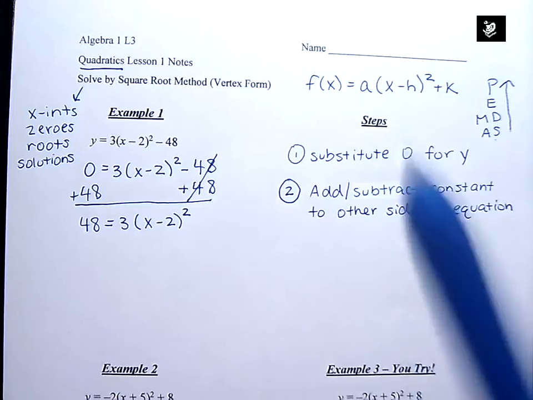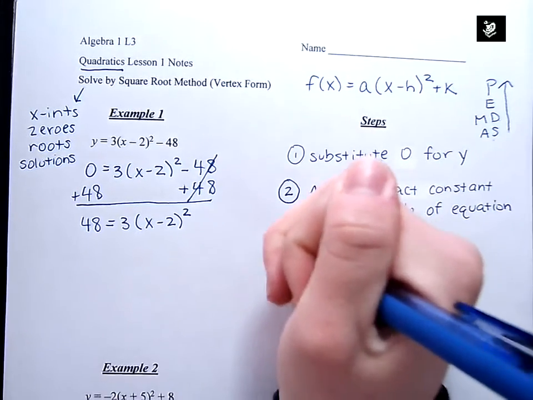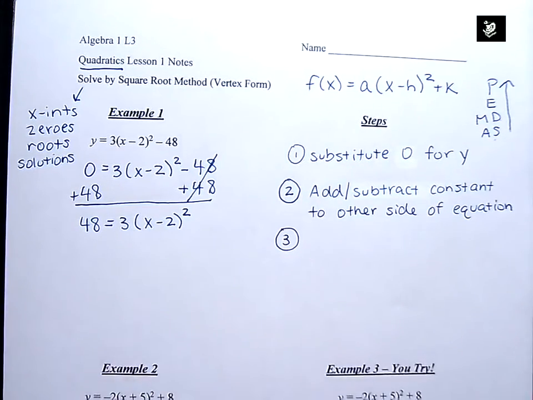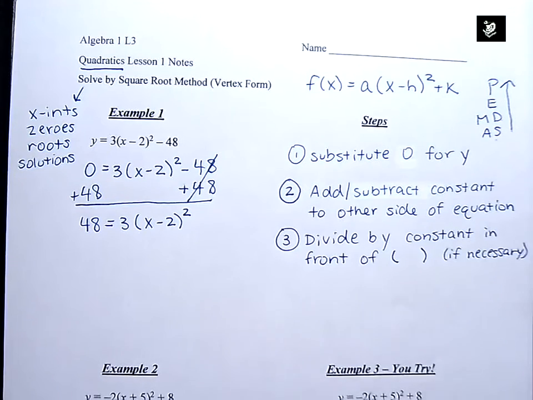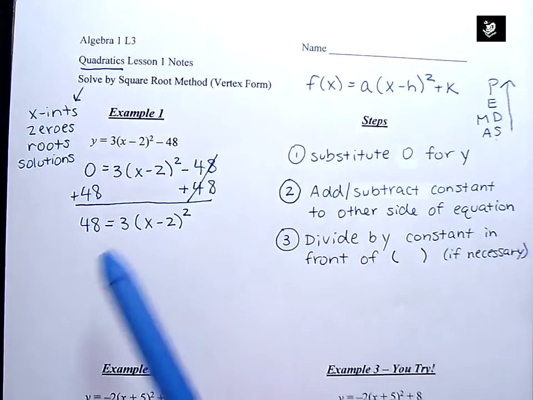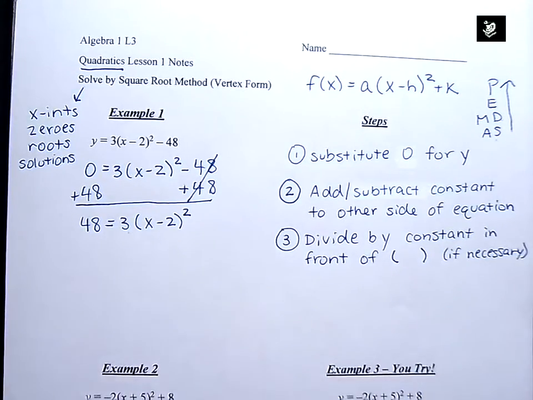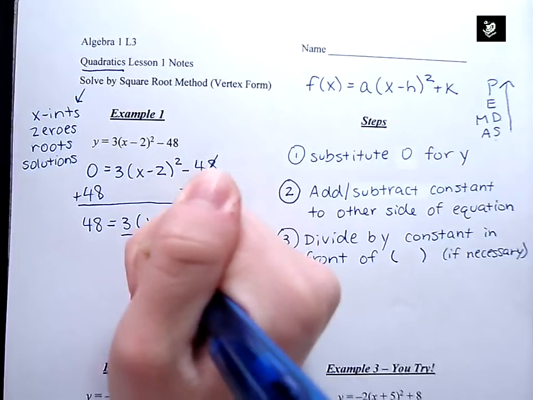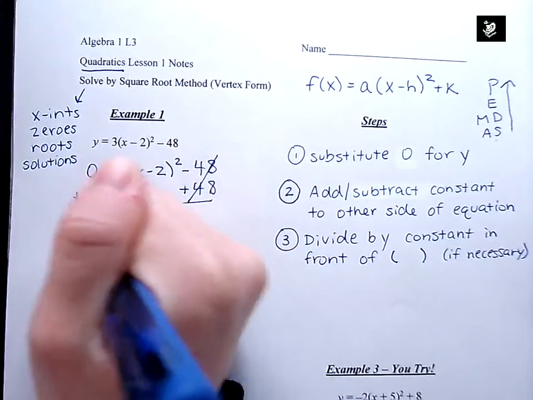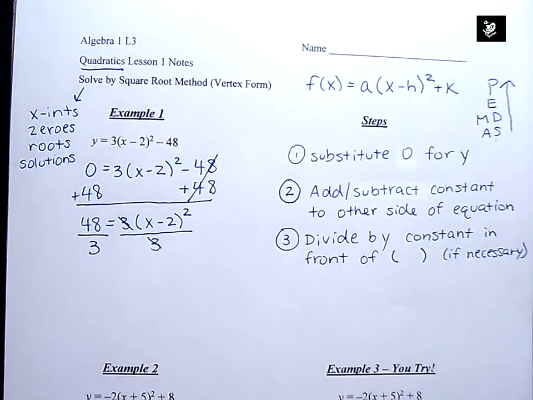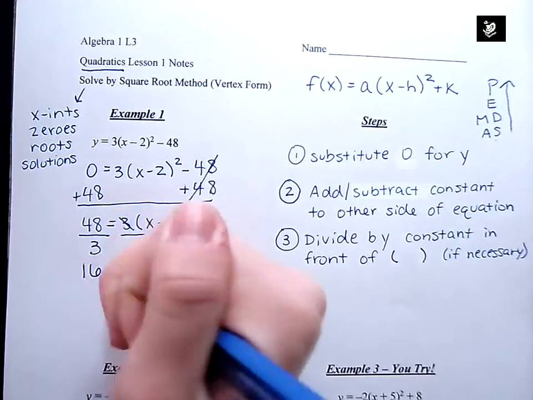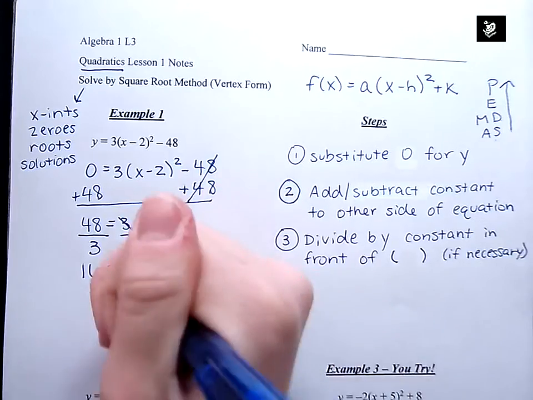So step 3 is going to be divide by the constant in front of the parentheses, if necessary, because sometimes there won't be a constant in front. Then we don't have to do step 3. But right now we've got to get rid of that 3. So I'm going to divide by 3 on both sides. 48 divided by 3 is 16. And I'm going to write what's left over.